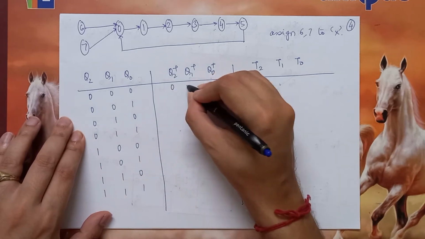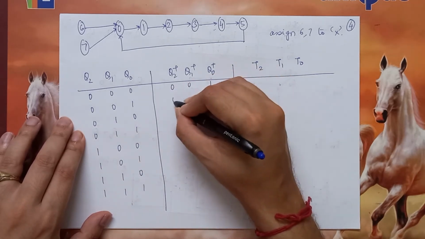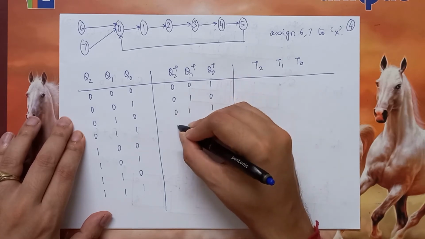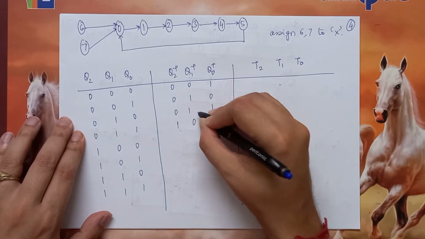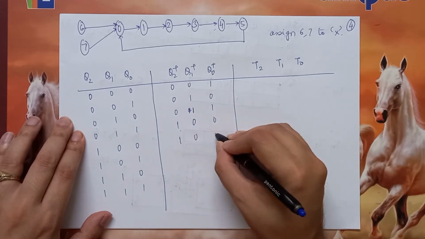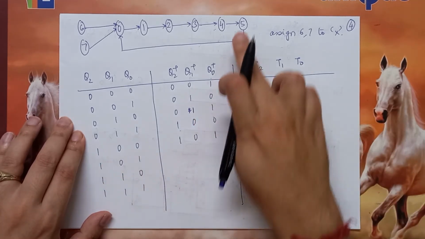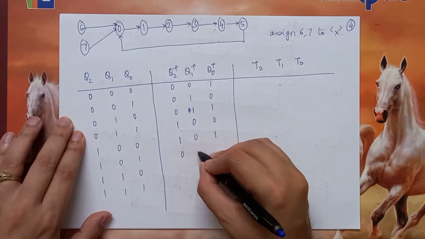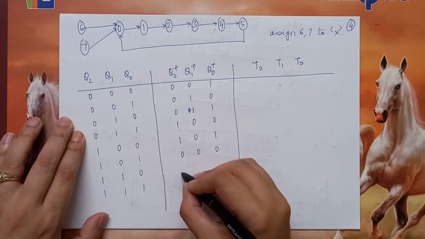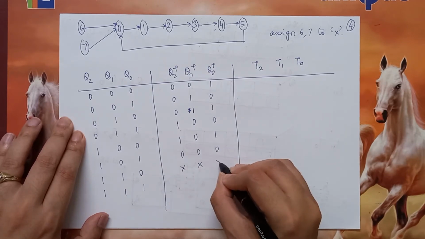So here next state will be 1, then 2, then 3, then 4, then 5. Now for 5, the next state would be 0. Now when the present states are 6 and 7, let us assign the next states as don't cares.